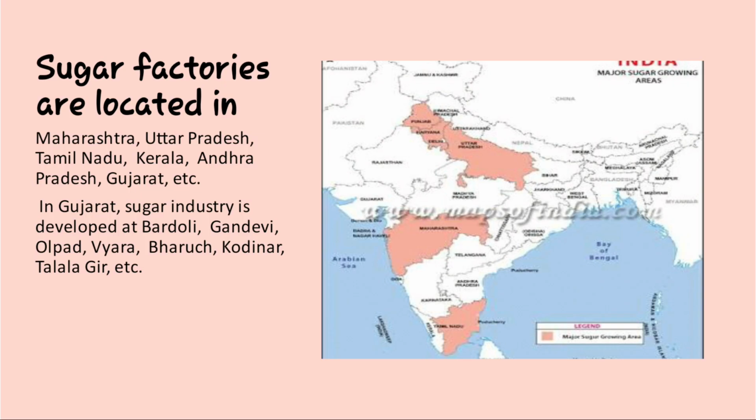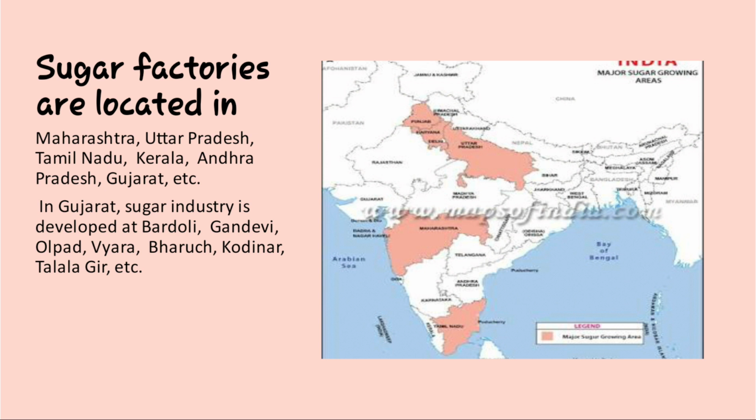So sugar factories are located in Maharashtra, UP, Tamil Nadu, Kerala, Andhra Pradesh, Gujarat, etc. In Gujarat the sugar industry is developed at Bardoli, Gandevi, Olpad, Viara, Bharuch, Kodinar, Talalagir, etc. So these are the places in India where maximum sugar is produced.